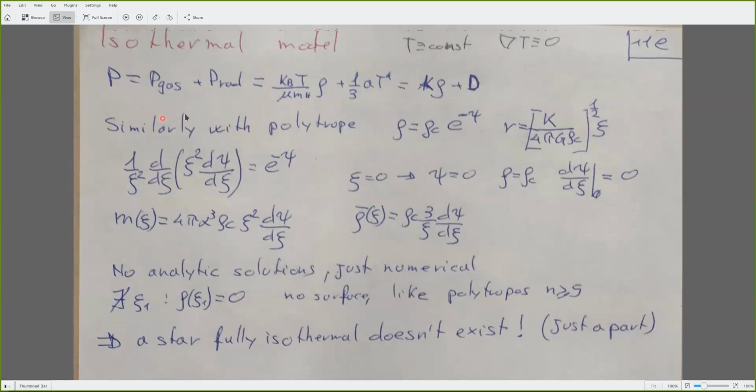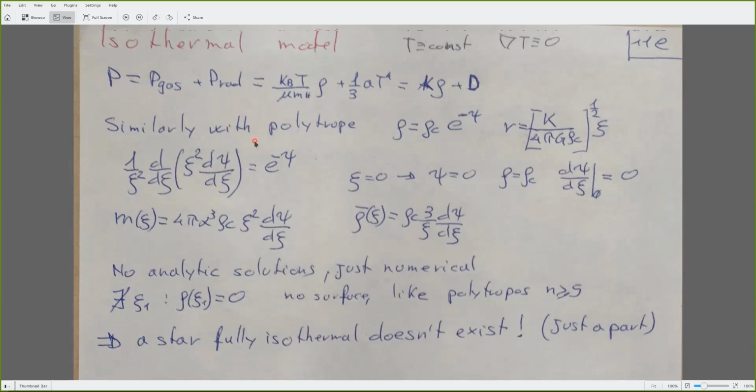But if you do some calculation, we see that when both pressure of gas and pressure of radiation depend on the temperature, not on the gradient of the temperature, at the end the total pressure is just a constant multiplying the density plus another constant.